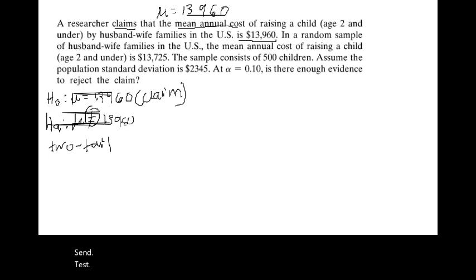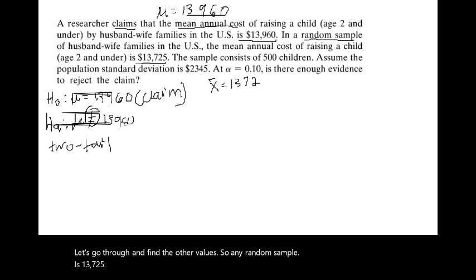And let's go through and find the other values. So in a random sample of husband-wife families, the cost of raising a child is $13,725. That right there is your X bar. Since it was in the same sentence as a random sample, that is your sample mean, 13,725.